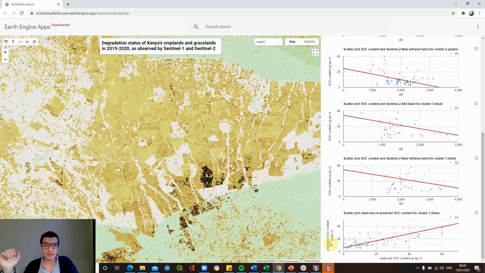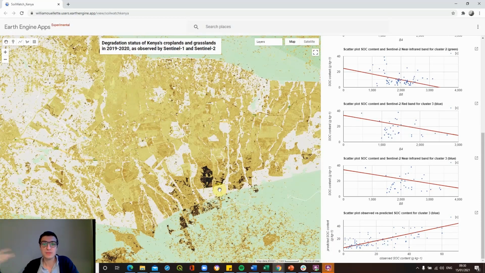estimation more difficult. If the previous service that we explained about the optimization of field sampling location, if those principles were applied, we would actually get a much better correlation between the observed and predicted. But this is a very good first attempt at providing high resolution soil organic carbon spatial variability maps at country scale.